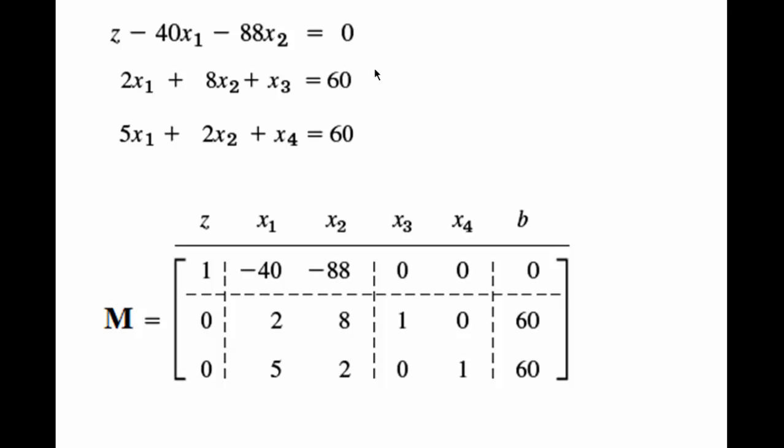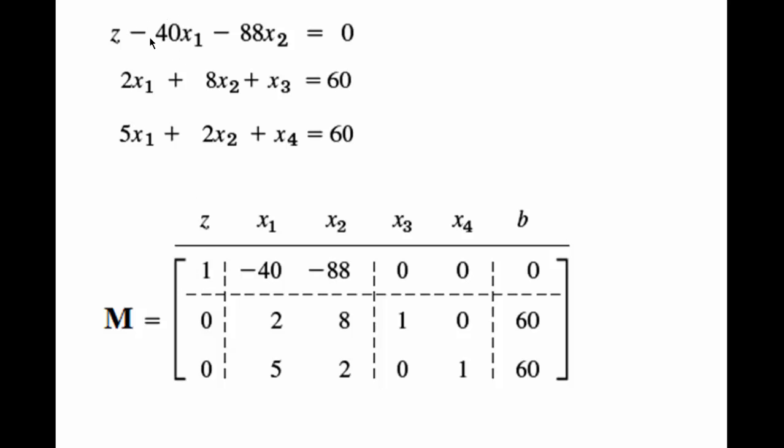And now we're going to write these three equations in the matrix form. This column represents the coefficients of z, and this column represents the coefficients of x1. This column represents x2, and so on. So in the first equation we have 1, the coefficient of z, so we write 1 here.